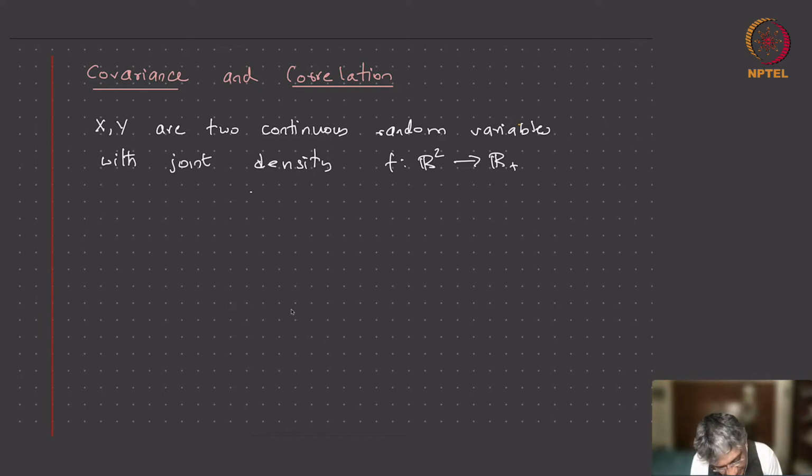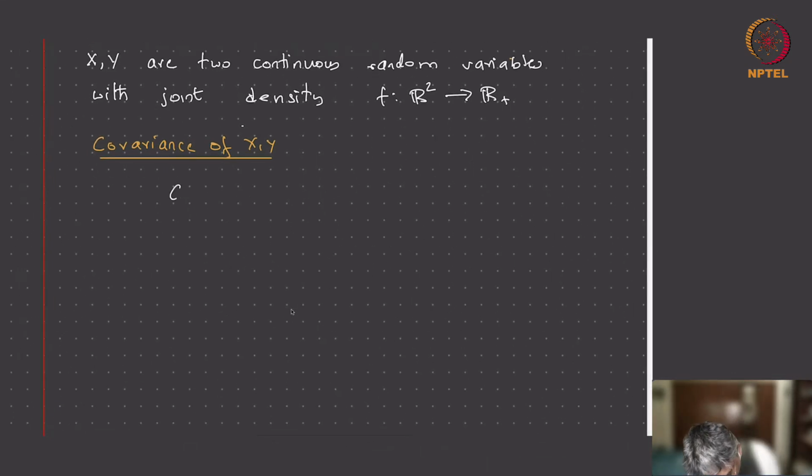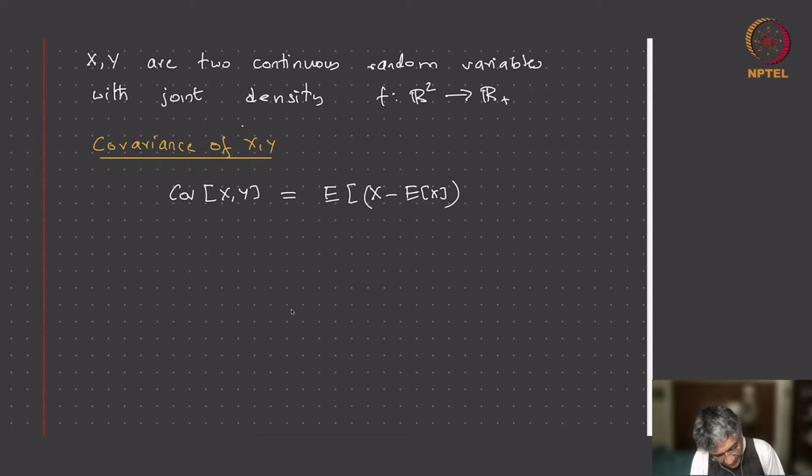So the first definition is the covariance of xy, written as COV in bracket x comma y, and as we've seen in the discrete setup, it's the same as just the expected value of x minus ex times y minus ey.